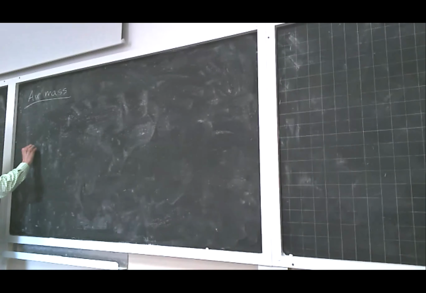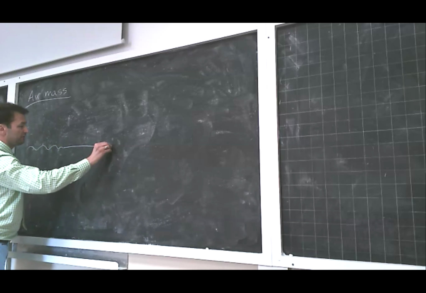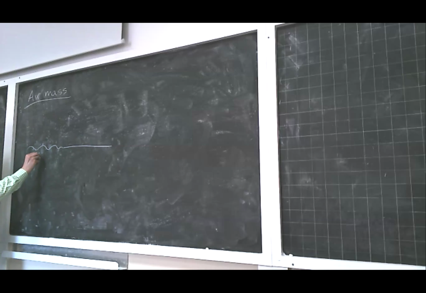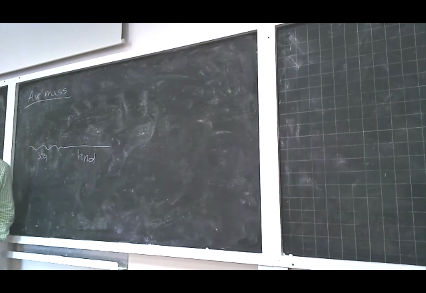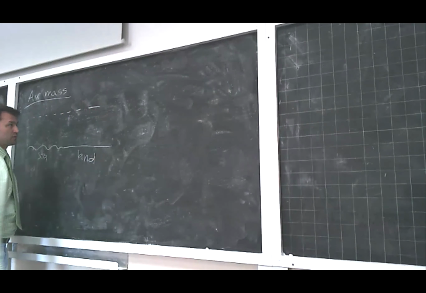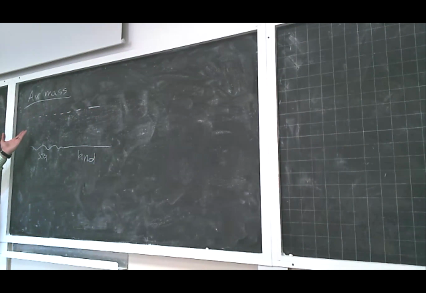So let's say you have 2 adjacent surfaces. So here is sea, or even better, say ocean, and here is land. And now you have, as we said, the atmosphere, namely the troposphere, that is about 10 kilometers deep in mid-latitudes.